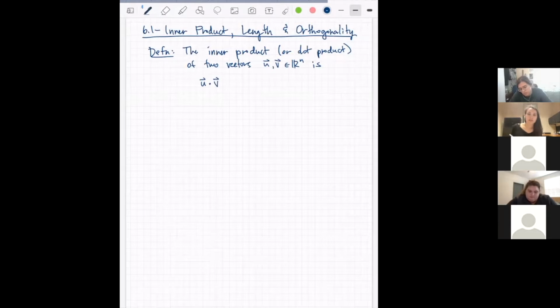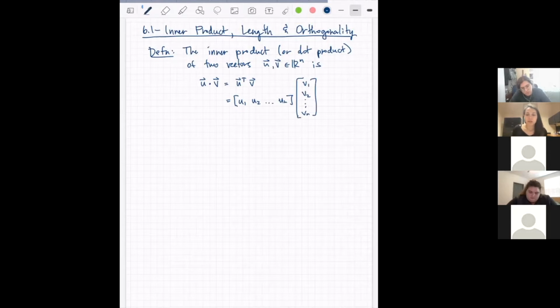So u dot v is going to be equal to, remember these are both column vectors, so it will be u transpose times v, where we just multiply these like matrices. So u transpose would turn this into a row vector with entries u1 up to un times v1, v2 up to vn.